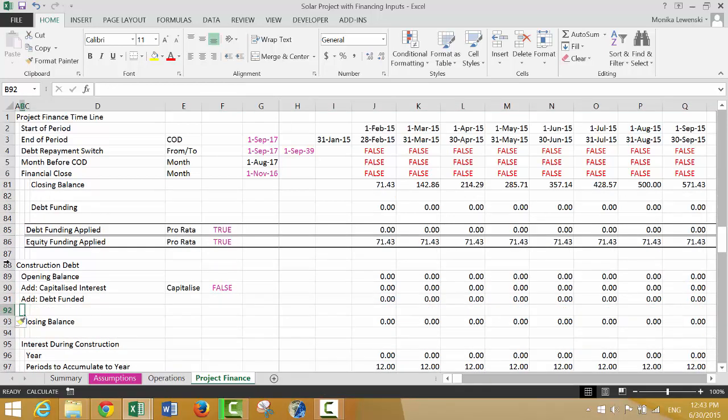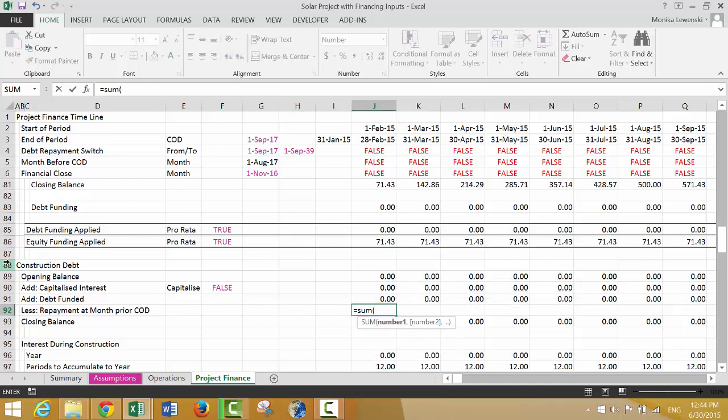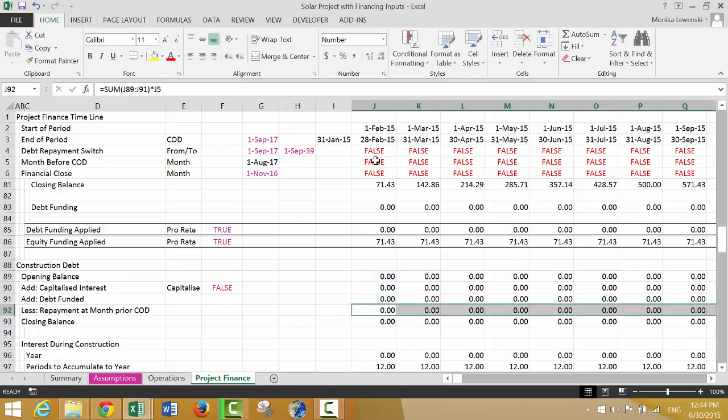Okay, I can say that I didn't do that. Repayment at the month prior to COD. I guess that's okay. And we just take the sum of all of this and multiply that by that month before COD switch. That's really why I put that in.